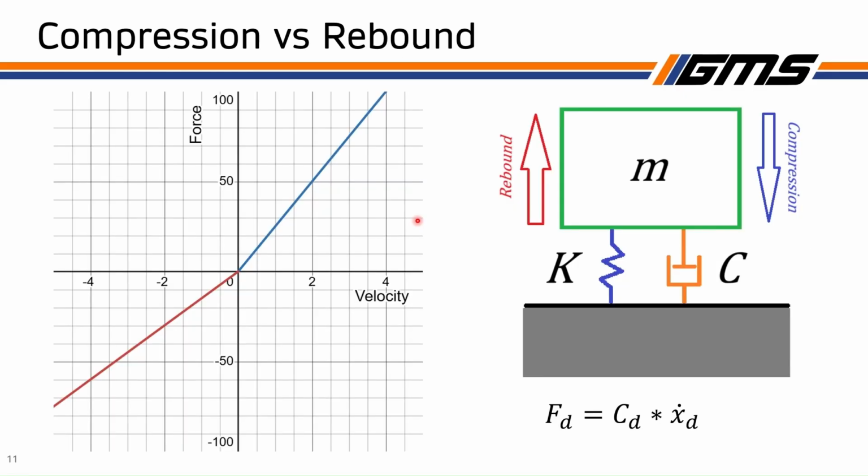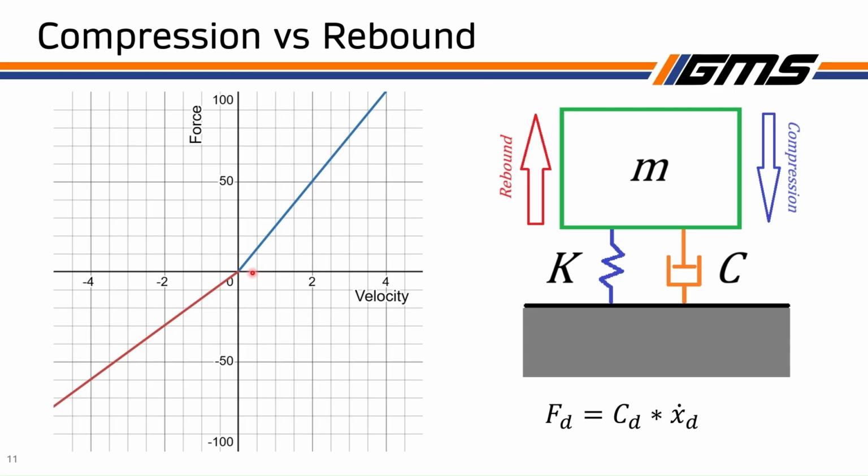So if you plot the amount of force that you get from the damper versus the velocity that you move it at, you'll actually get a line. And you can do it in both directions. You can compress it and you can extend it. Now, usually the slope of the force versus velocity is going to be steeper for compression versus rebound, where compression is the mass moving down and rebound is the mass moving up.